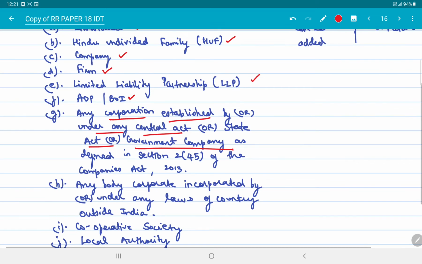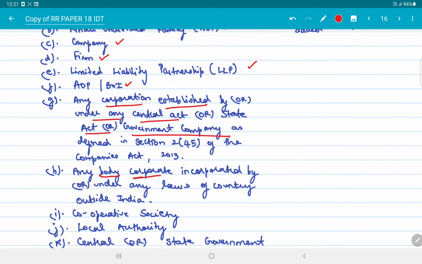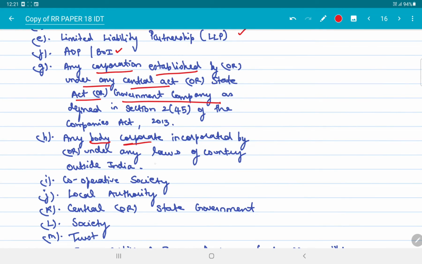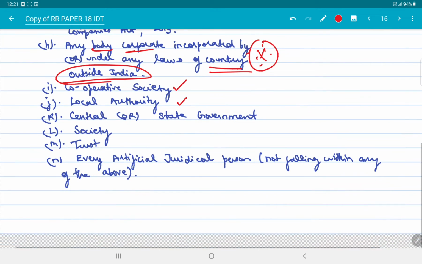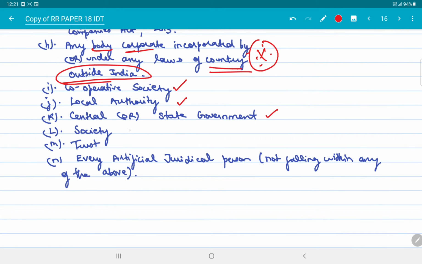Any body corporate incorporated by or under any law of a country outside India is a person.